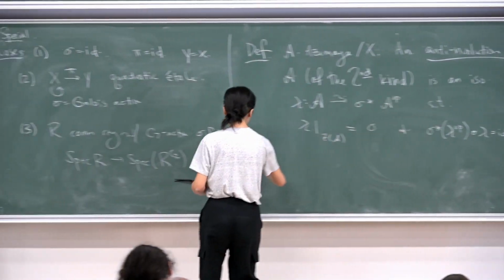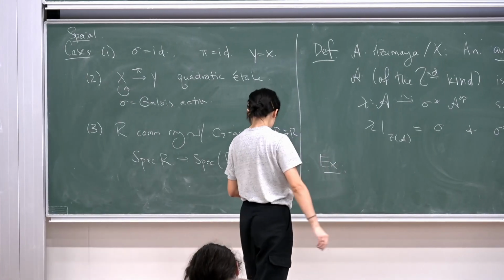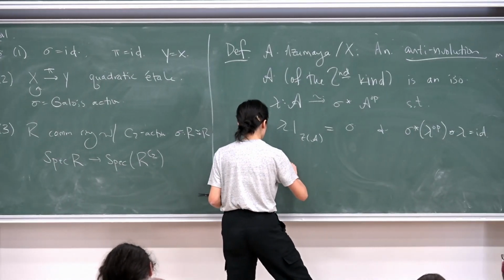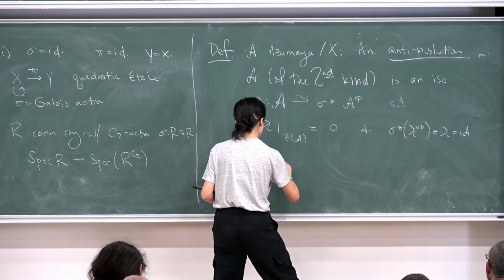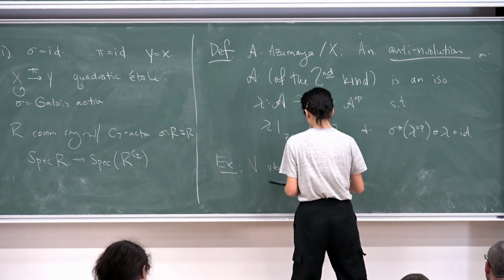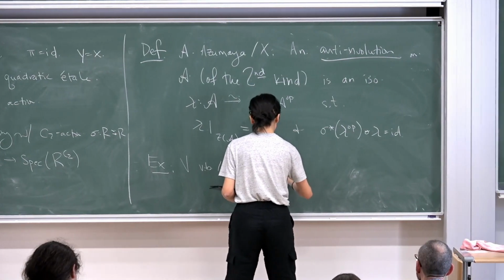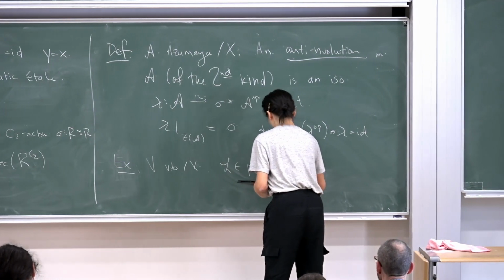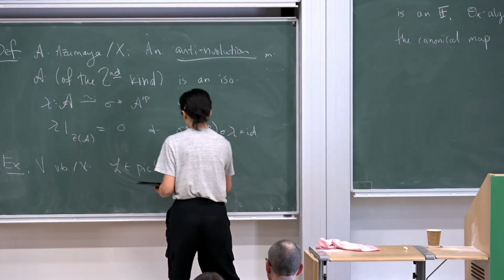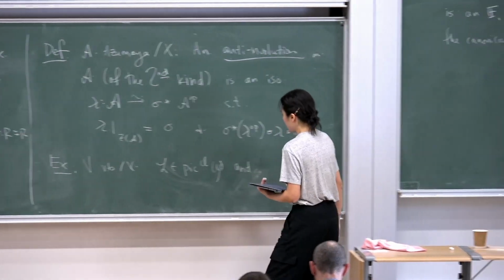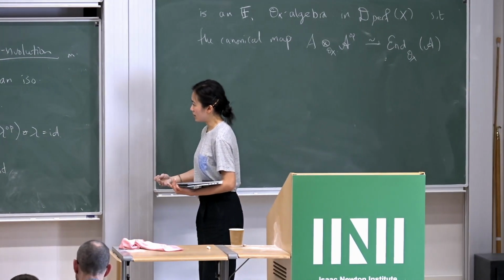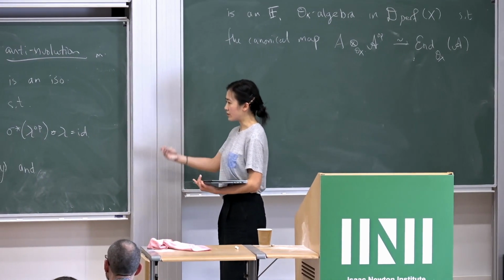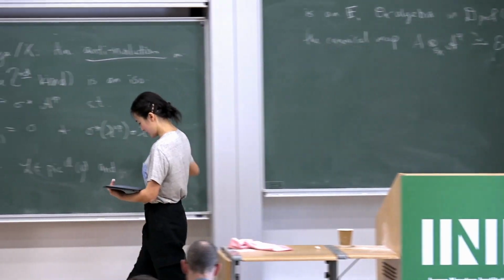The standard example of this is that if V is a vector bundle on X, and L is a classical line bundle on Y, and I have a non-degenerate form on V. What do I mean by that?